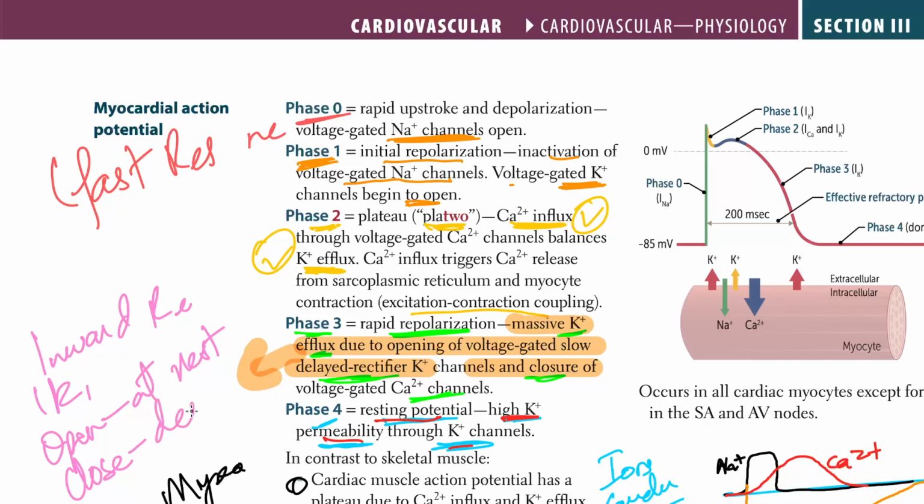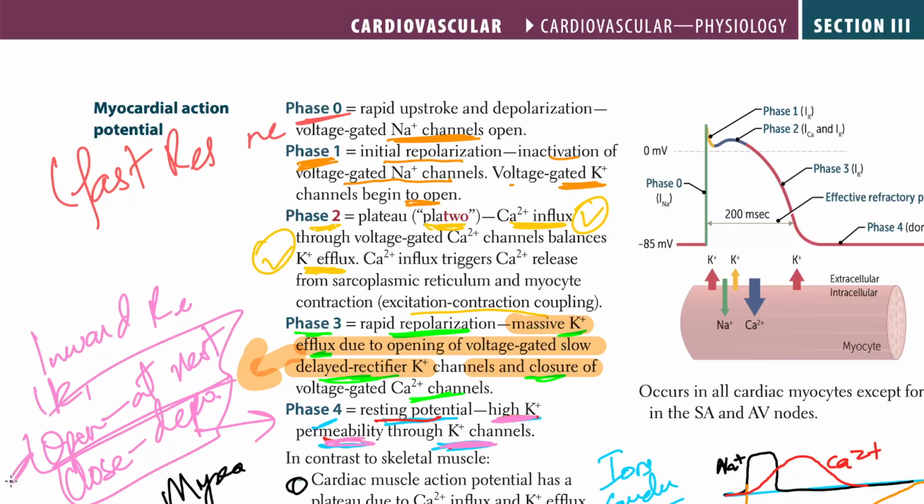When you have a depolarization, okay. And this is the fact that in your phase 4, what you really have is high potassium permeability. You ask how do you have high potassium permeability? Because you're not depolarized, right? You are just at rest.